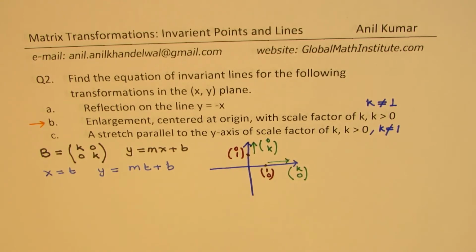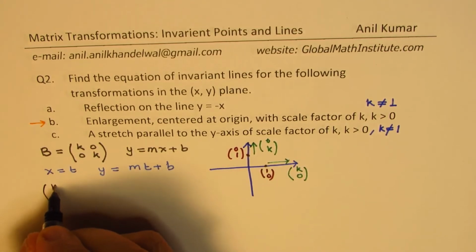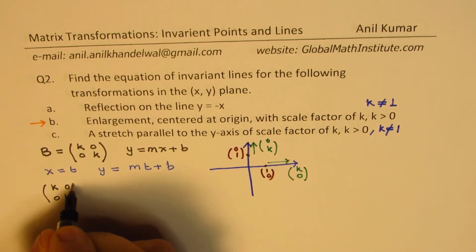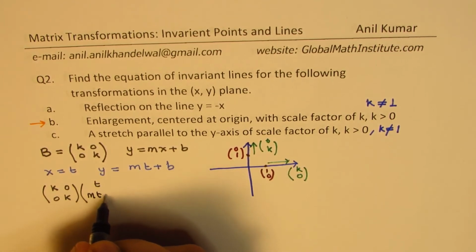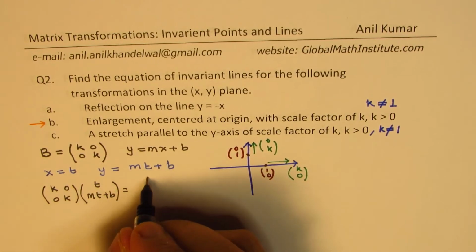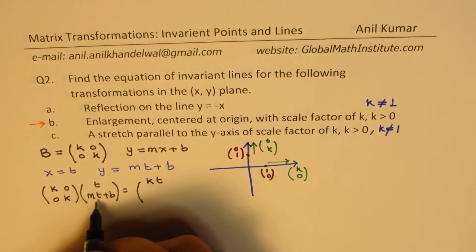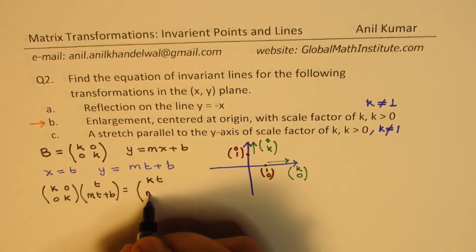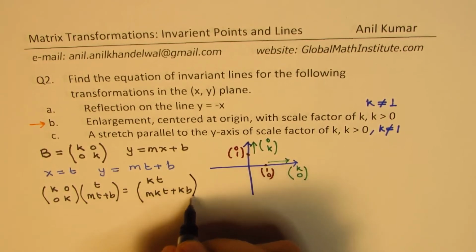So in our case, when you apply the transformation, what do we get? The transformation matrix is k, 0, 0, k, and the parametric equation is t, mt plus b, and you get kt, and here you get mkt plus kb, right? So that's what you get.